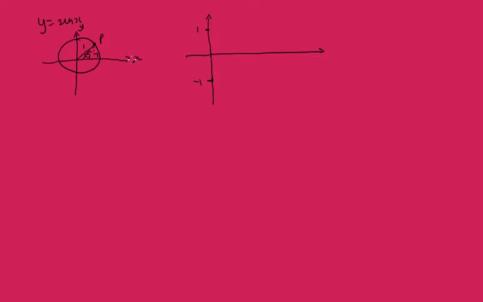It starts at 0, so say that was the start there, and it would make a nice sine graph with a maximum at 90, this bit here would be 180, minimum at 270 and 360. So this is y equals sine x, where 0 degrees is less than or equal to x, less than or equal to 360 degrees.